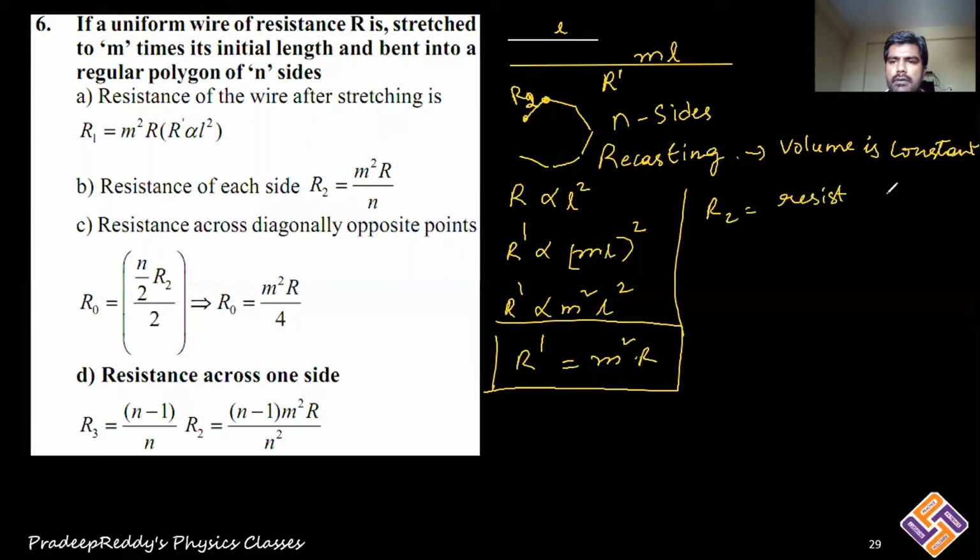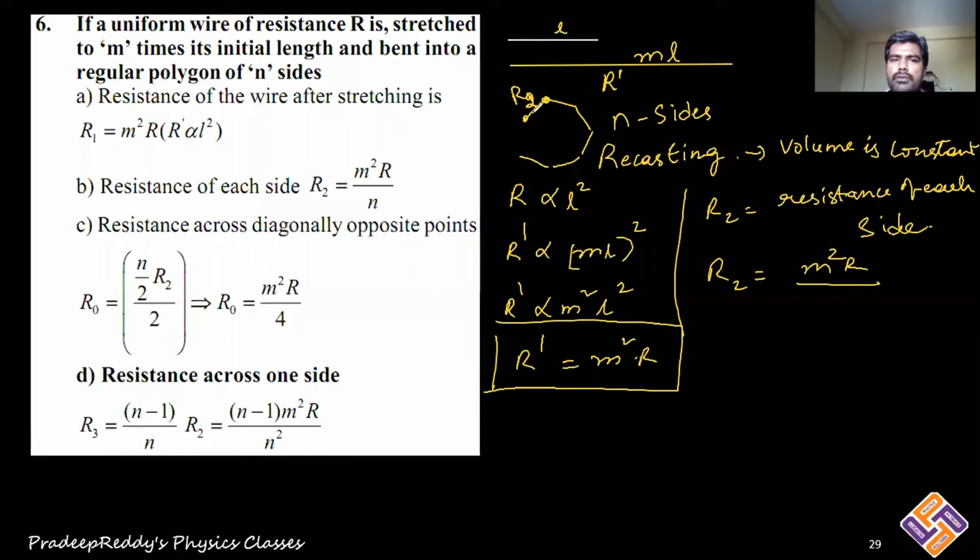The total resistance of the polygon is m square R, and the polygon has n sides.